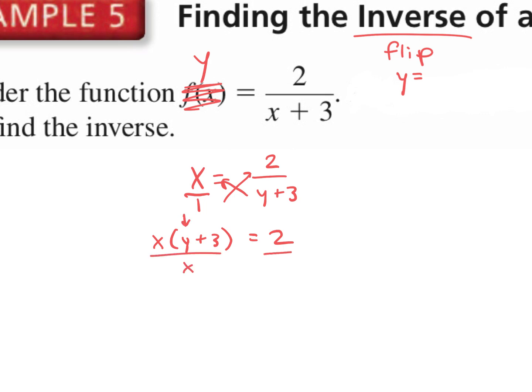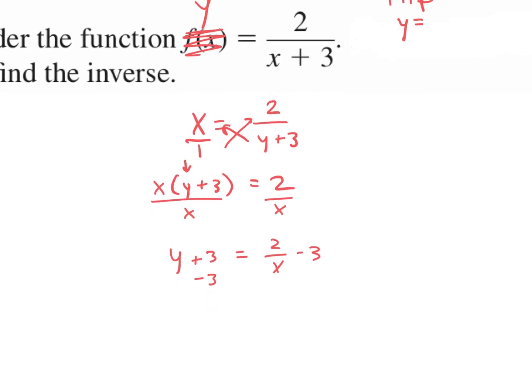So I can divide both sides by x. So y plus 3 is equal to 2 over x. And then subtract 3. Y is equal to 2 over x minus 3. And then we can just name it with the little negative 1 up top just to say this is the inverse of y.